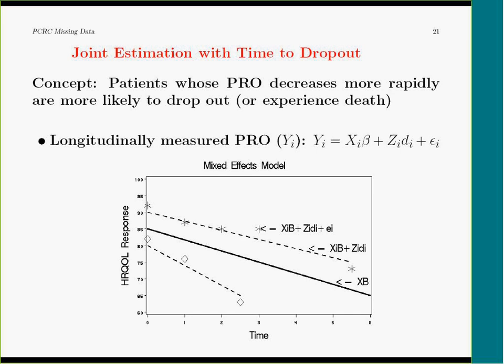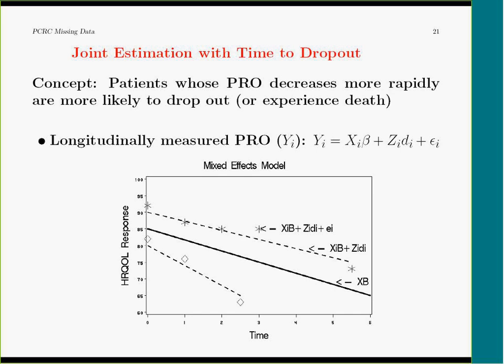So the next set of models that I mentioned are joint estimation, and this one is with time to dropout. The concept is that patients whose scores decrease more rapidly are more likely to drop out or experience death.